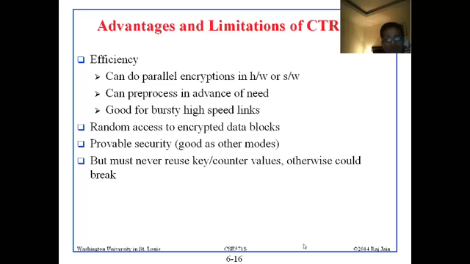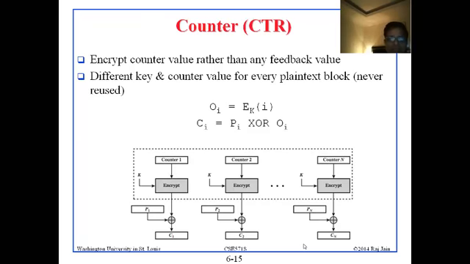Provable security, and so people have theoretically proven that this works very well. And the main thing is that you do not want to use the same key at the same counter value, because if you use the same key at the same counter value, you will get the same encrypted value, and the attacker will be able to find plain text very easily.